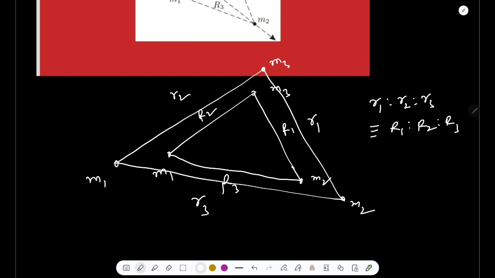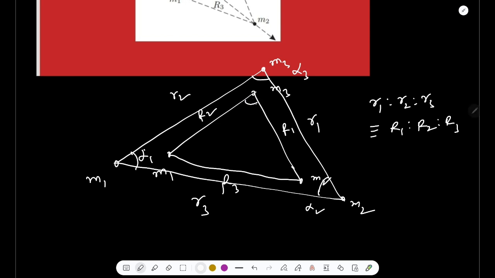Since the particle configurations are similar triangles, if we take angle alpha 1 here, alpha 2 here and alpha 3 here, the angles alpha 1, alpha 2, alpha 3 at the vertices remain unchanged.